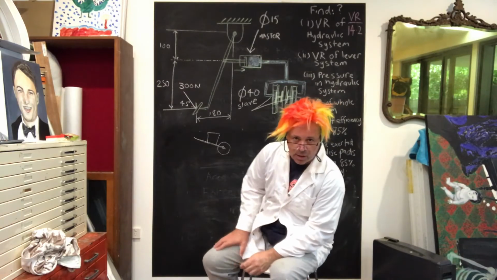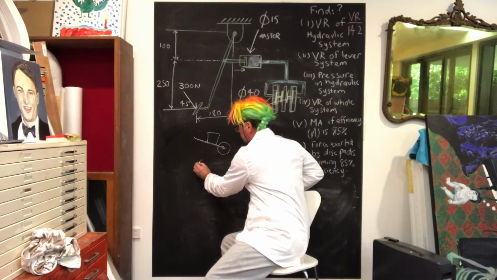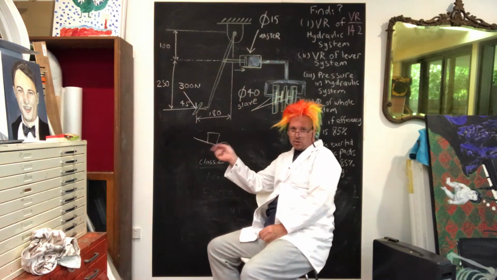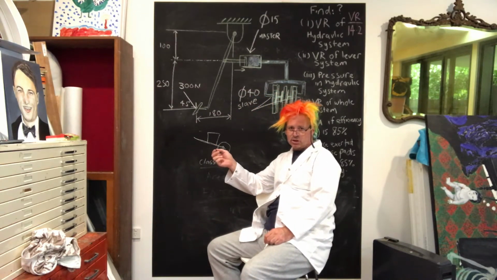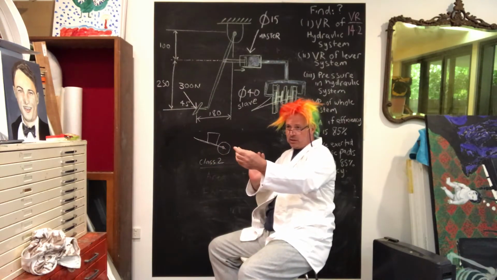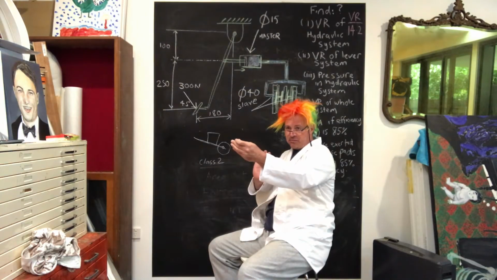So we know it's class 2, and we know that class 2 levers always have a velocity ratio of greater than 1 because of the way they're set up. You can't ever end up with a distance effort that's shorter than your distance load.